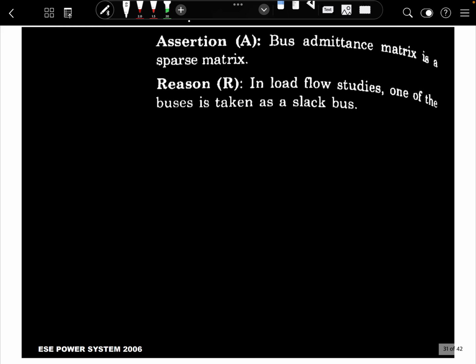Next, assertion: a bus admittance matrix is a sparse matrix. Now we know about it, why the Y bus is a sparse matrix, and this assertion is correct. Now the reason is saying in load flow study, one of the buses is taken as slack.